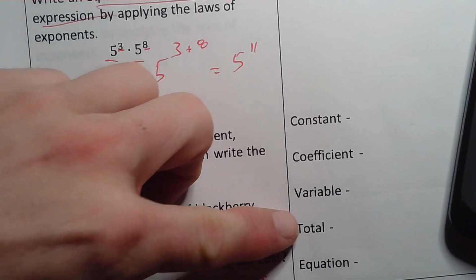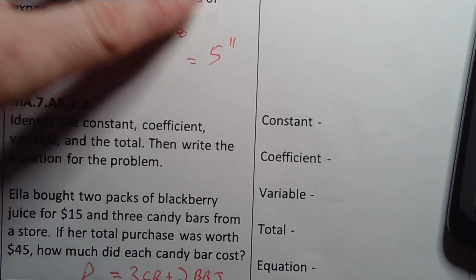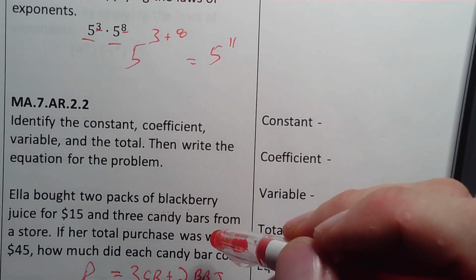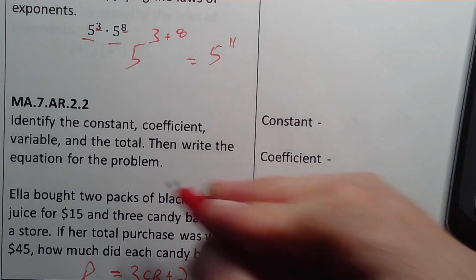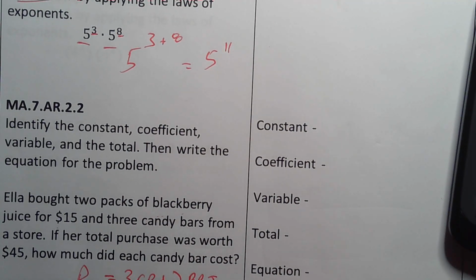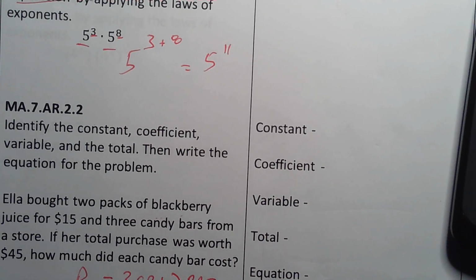Let's just go ahead and plug and chug some numbers in here. The total price equals, let's see, $45 divided by 2 blackberry juices at $15.